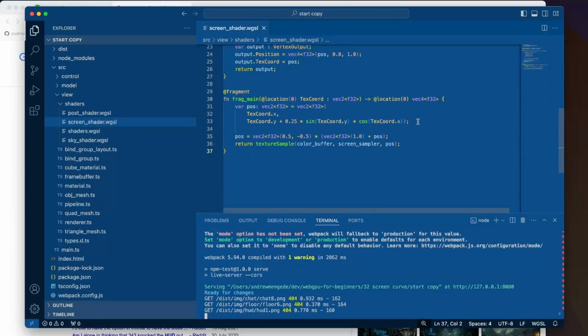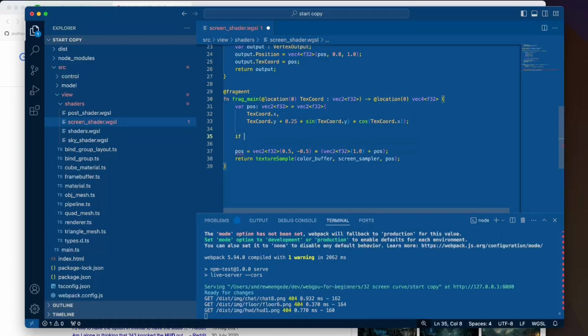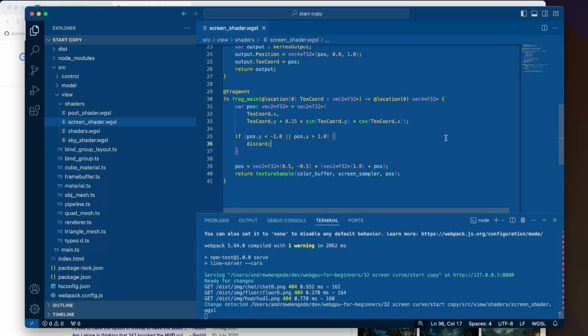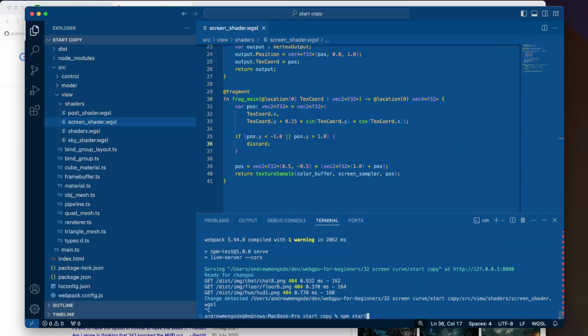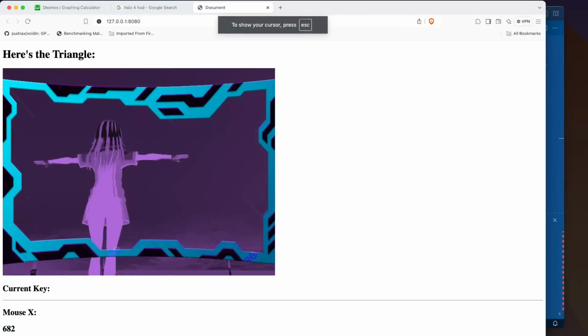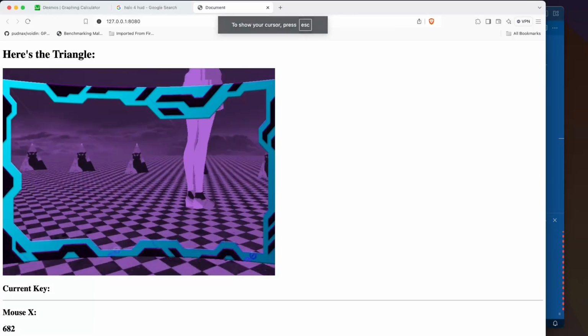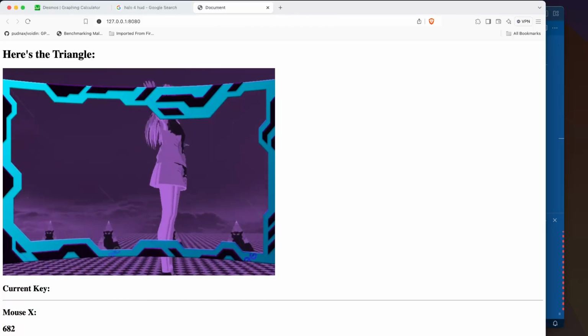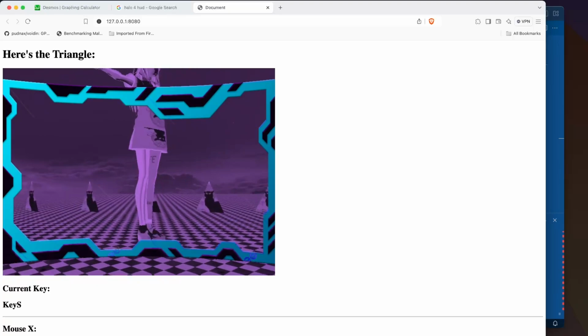So what I'll do is look at the Y coordinate, and if that's less than -1 or greater than +1, then we're out of bounds, and we'll simply discard that fragment, so we won't draw it. And this will have the effect of clipping the amount of texture which gets drawn. Cool. So there are still modifications that we can make to stretch this so that it's not just hanging around like this, but I'm going to keep this here for now because it shows the effect.